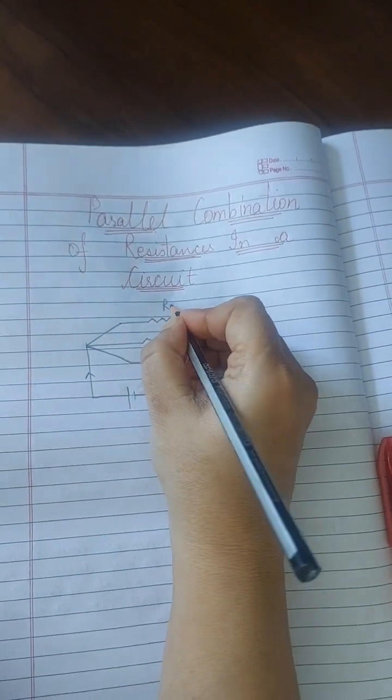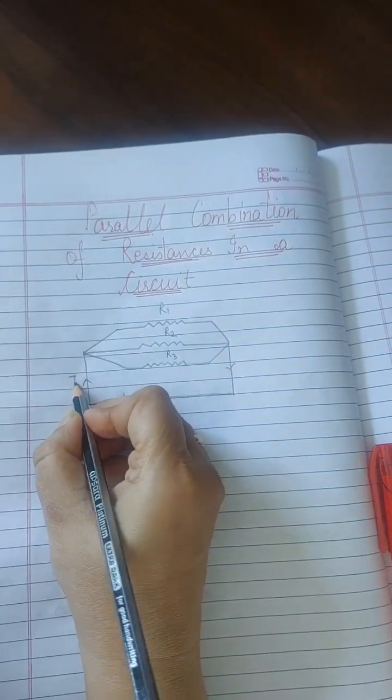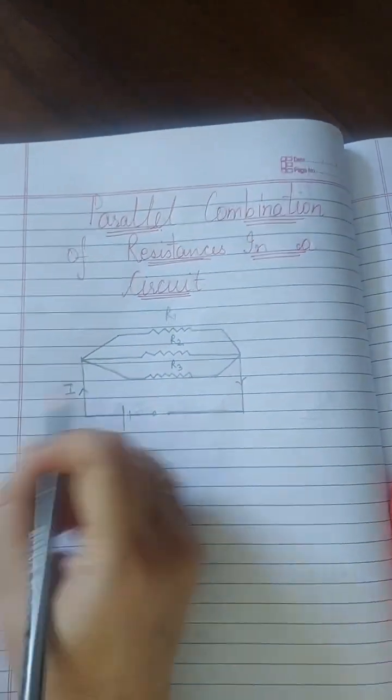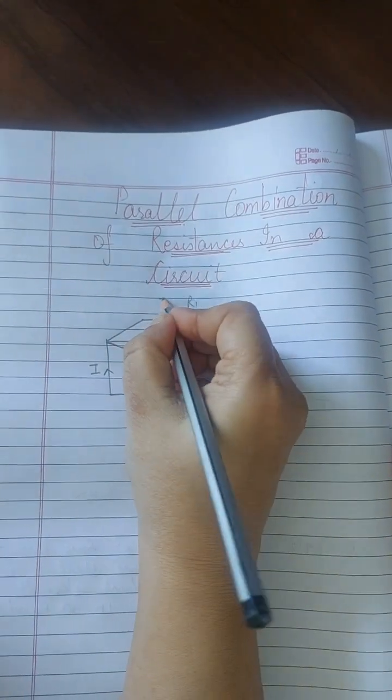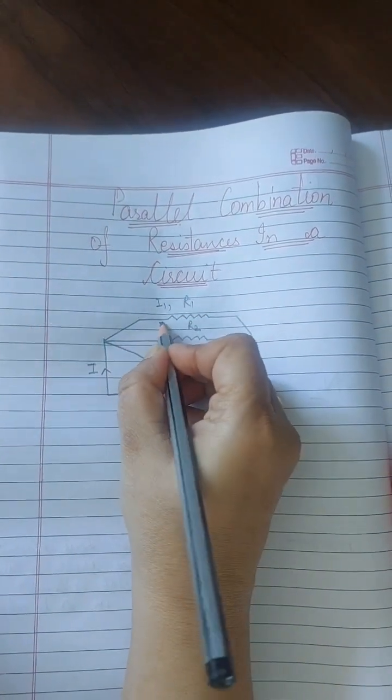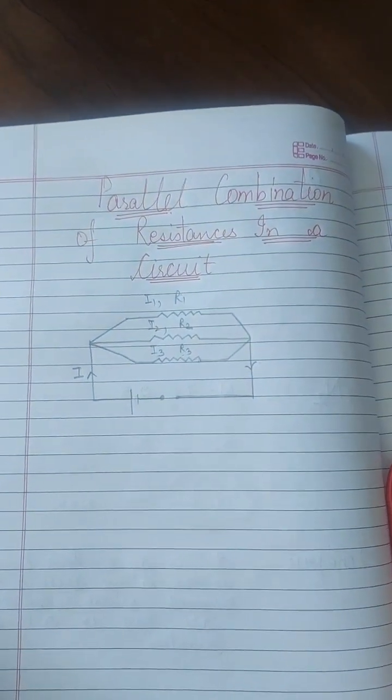Let their resistances be R1, R2 and R3. Now current I is flowing through this, and according to the values of R1, R2 and R3, the currents here are I1, I2 and I3. Here voltage remains the same.